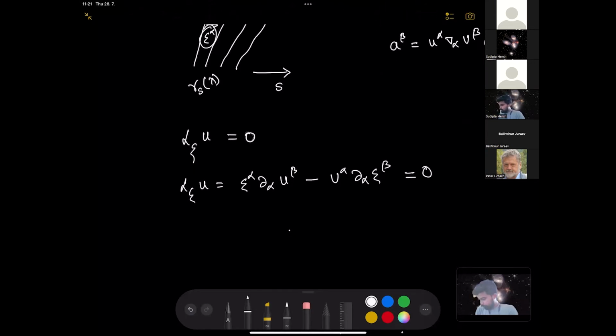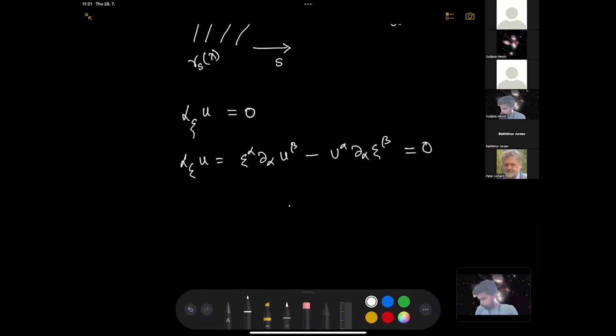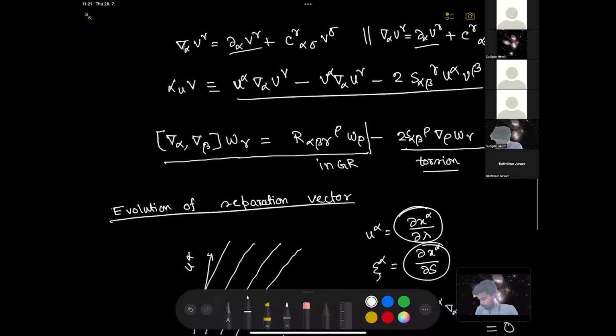So as we already have derived the equation for the Lie derivative of a vector v along u, we can just take the definitions from earlier.